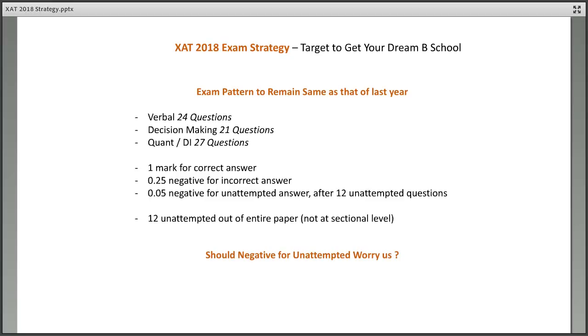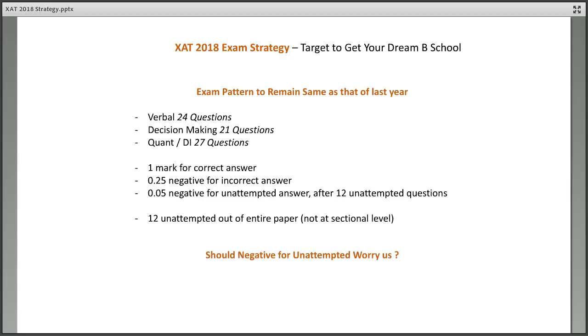The marking scheme is slightly different when it comes to XAT. Here, you get 1 mark for a correct answer, 0.25 negative for an incorrect one, but more importantly, you get 0.05 negative for unattempted answers from the 13th unattempted answer onwards.